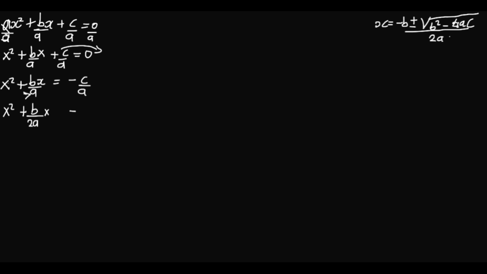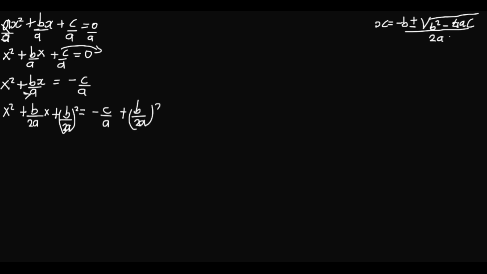So upon reaching here, also you need to now get the coefficient of x and square it. After squaring it, you need to add it to both sides of the equation. So what you are saying is, you need to get b over 2a, you square it. After squaring it, you need to add it to both sides of our equation.